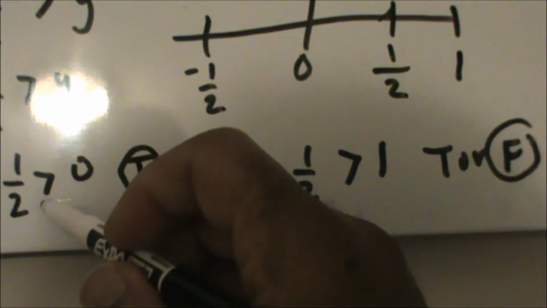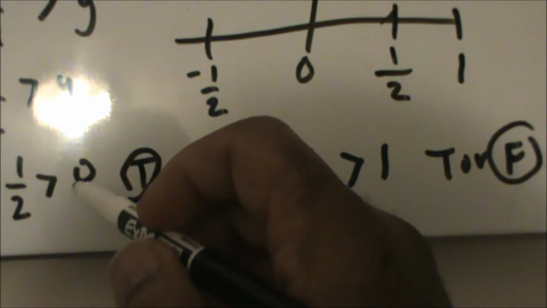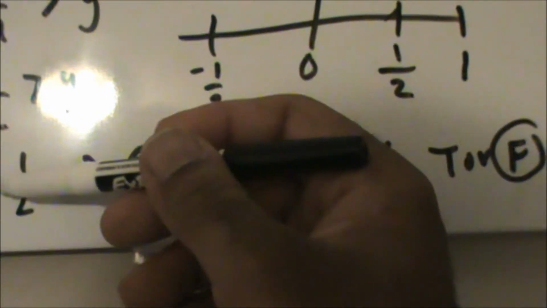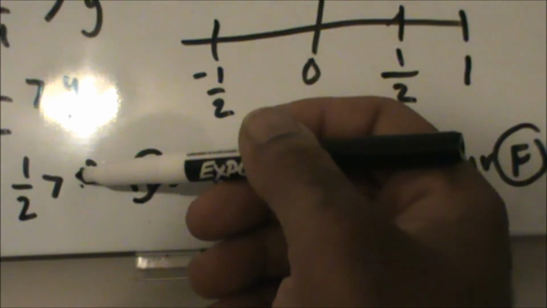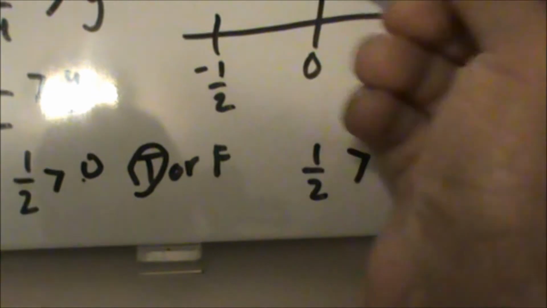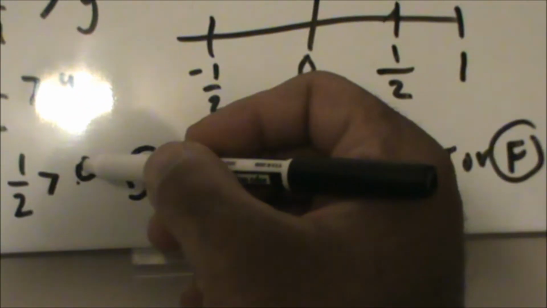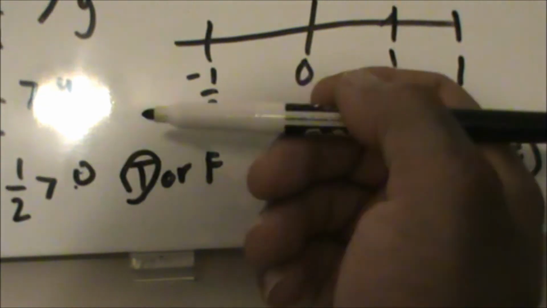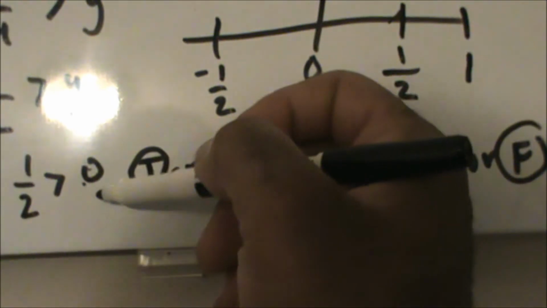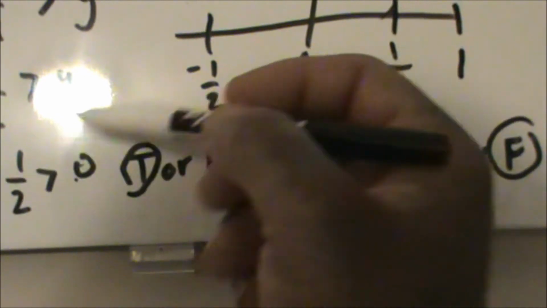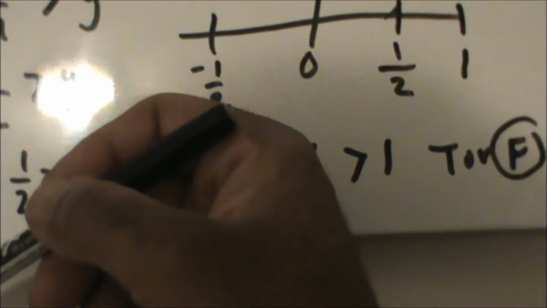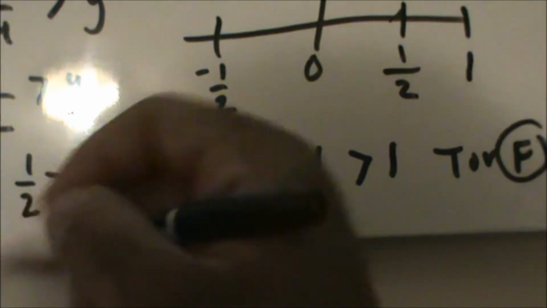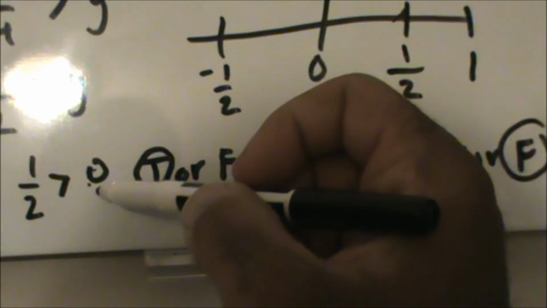However, it's a true statement with 1/2 greater than 0, which is on the left. So all the numbers before 0, going to the left, are less than 1/2. Because 1/2 is greater than 0, we can assume all the numbers going to the left respond the same way.